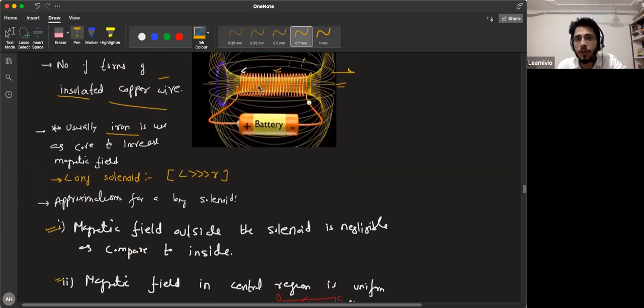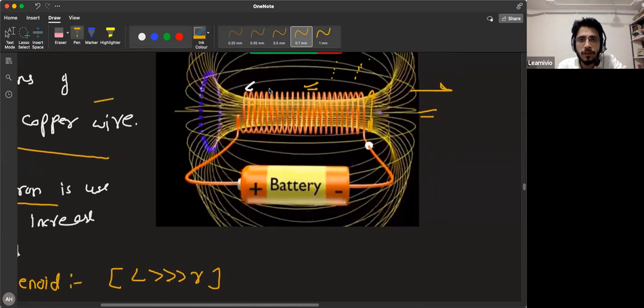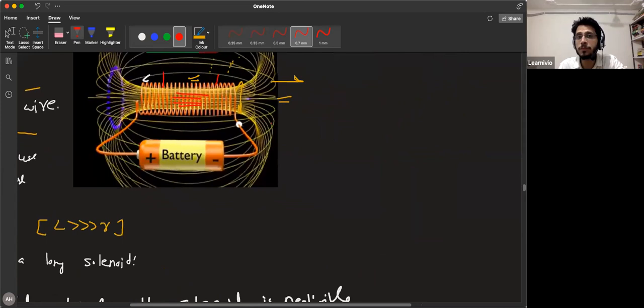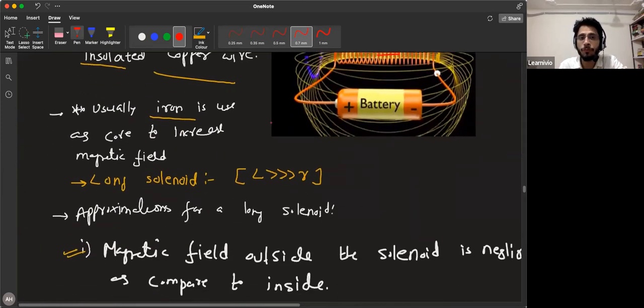Second approximation, if you look at this central region, the region from here to here, you can see that field lines are straight. These field lines will curve at the ends, but in the central region, field lines are pretty straight. These straight field lines mean the field is uniform.